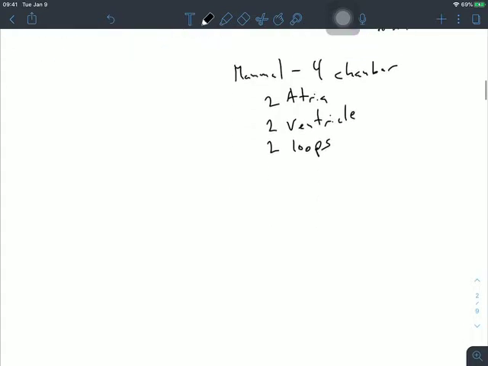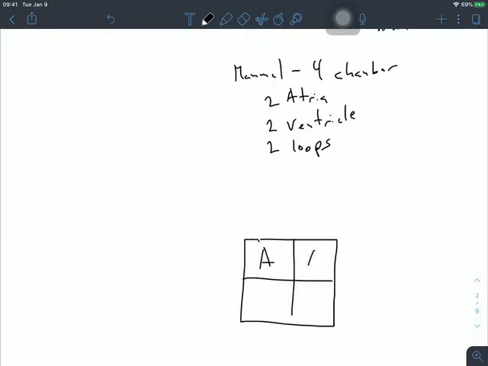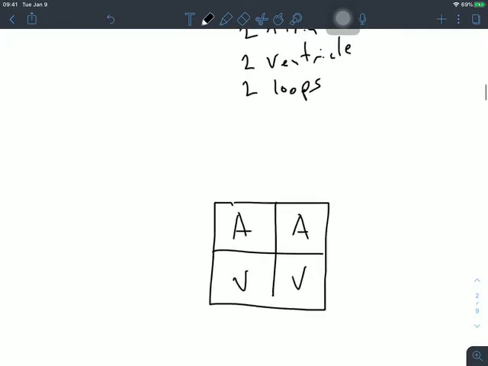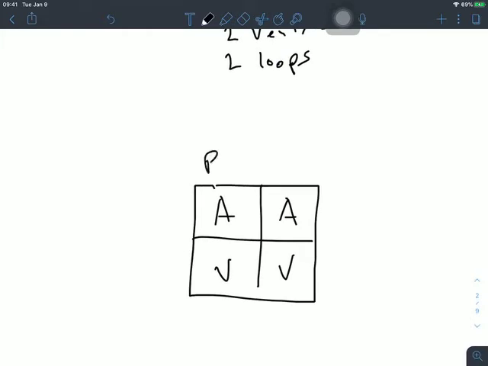Again, displaying the heart as a box. We have atrium, atrium, ventricle, ventricle. And importantly, now we can distinguish these. We have a right atrium and a right ventricle, a left atrium and a left ventricle.